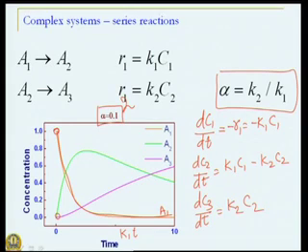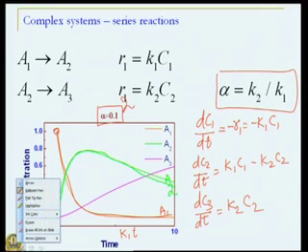So, initially A2 builds up, but A2 is also going to A3 for this series reaction. So, after some time the rate of generation of A2 falls short of the rate of consumption of A2, and therefore, there is a net consumption and A2 starts going down. So, this is what happens with A2.